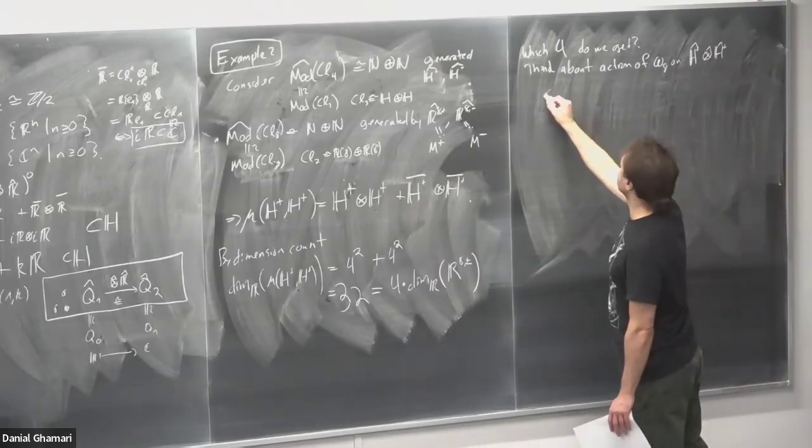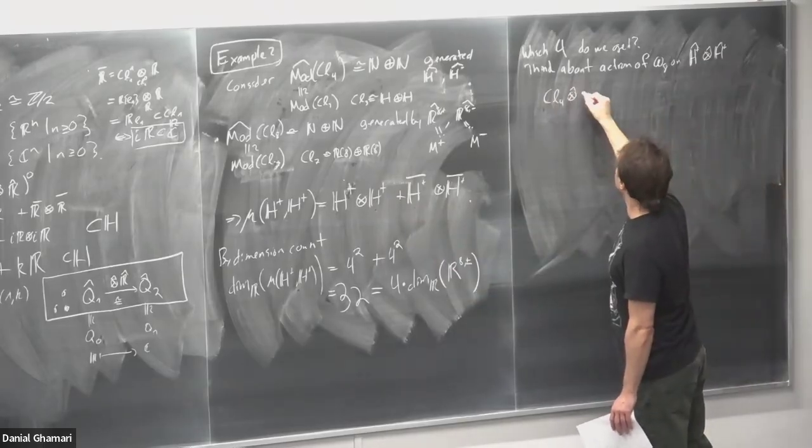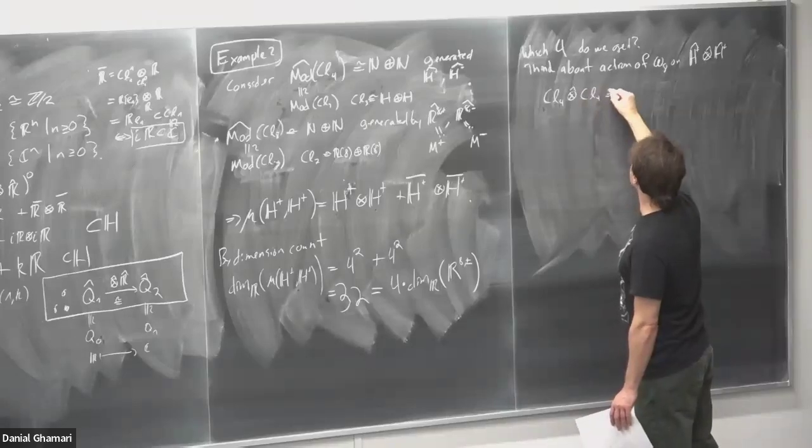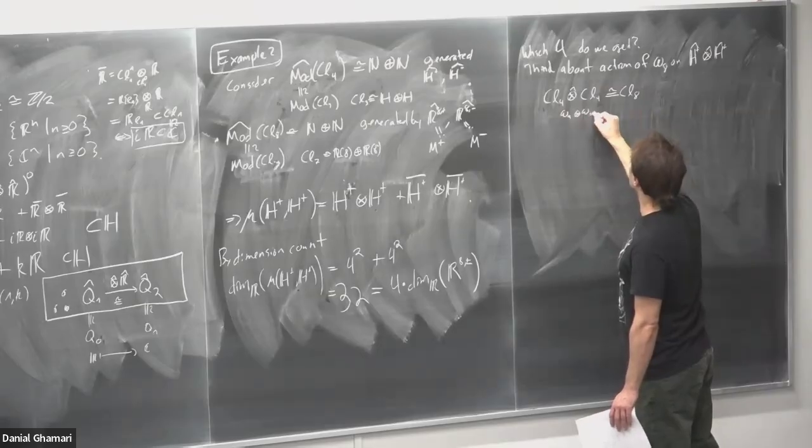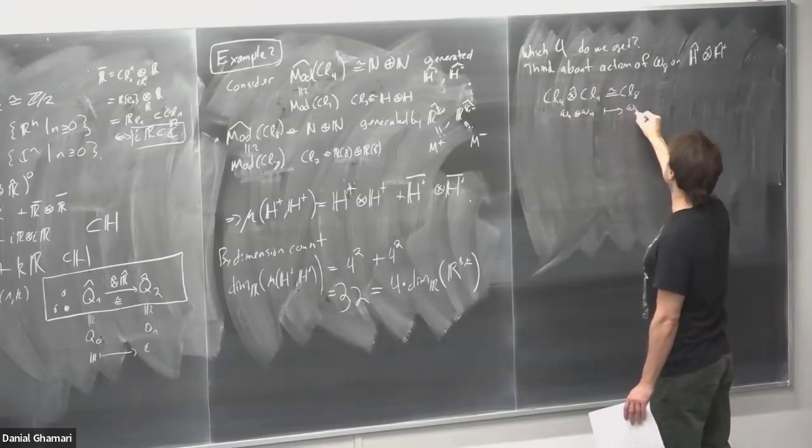And so under the isomorphism, CL4 tensor CL4 goes to CL8, and W4 goes to W8.